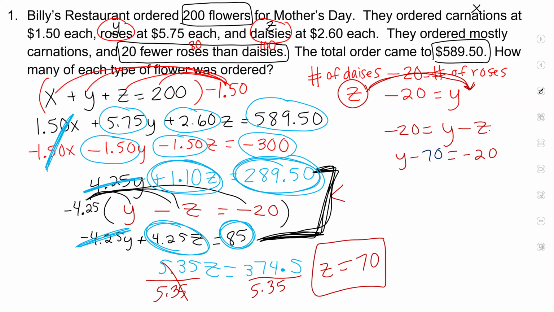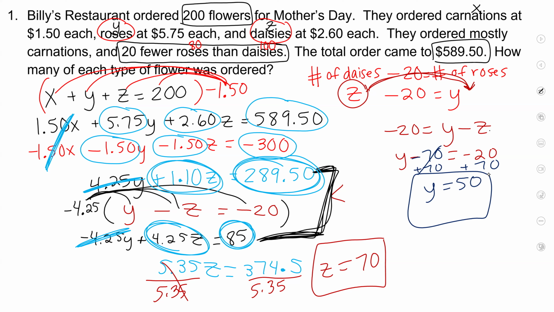Melinda, what do I do to both sides? Yes. This is subtracting 70. The opposite is to add 70 to both sides. All right, guys, what is negative 20 plus 70? 50. There we go.